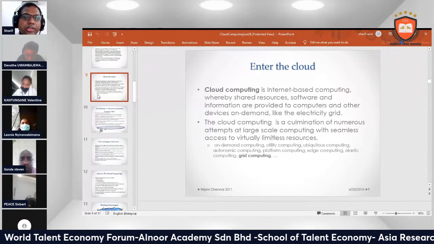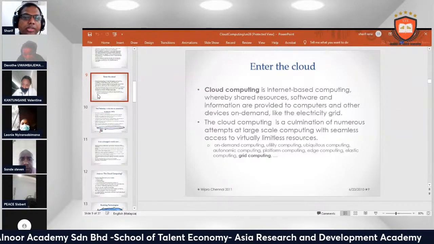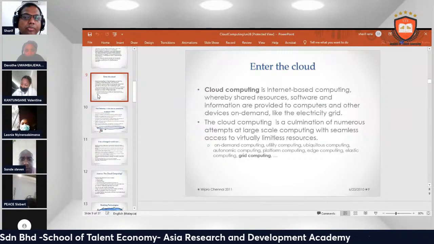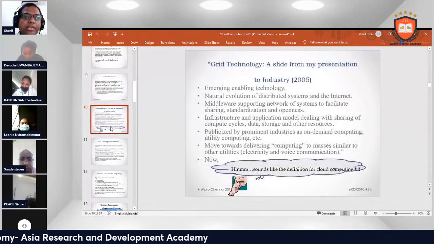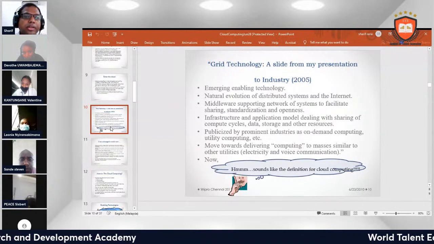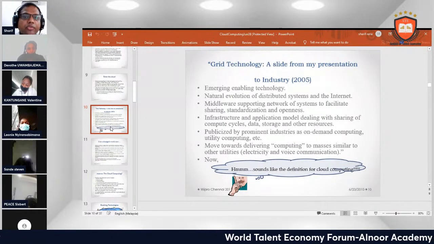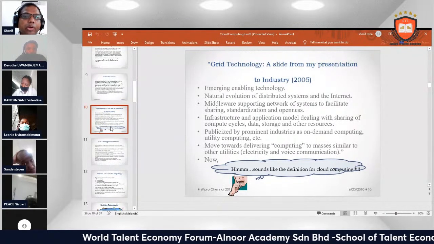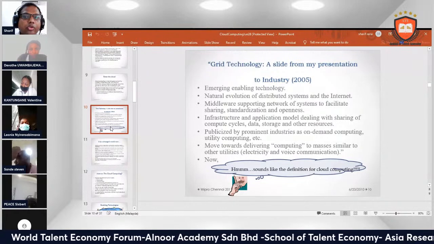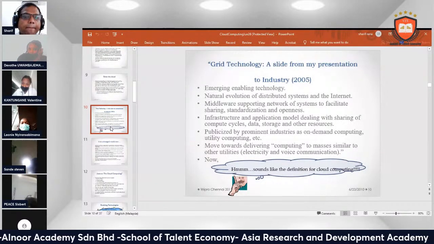On-demand computing, utility computing, ubiquitous computing, autonomic computing, platform computing, edge computing, elastic computing, grid computing: every aspect we can take as an initiative. Grid technology is an emerging enabling technology, a natural evolution of distributed systems and the internet, middleware supporting a network of systems to facilitate sharing, standardization, and openness.